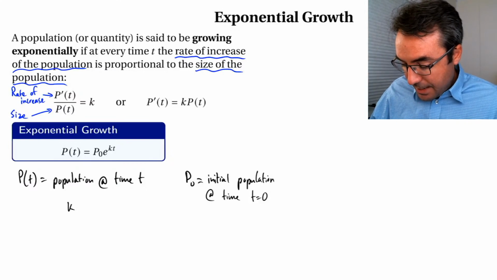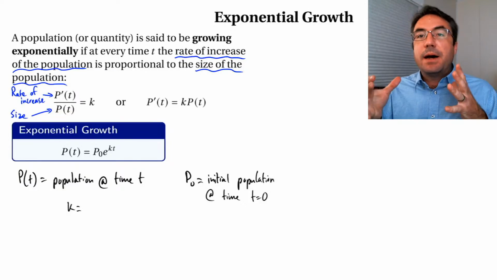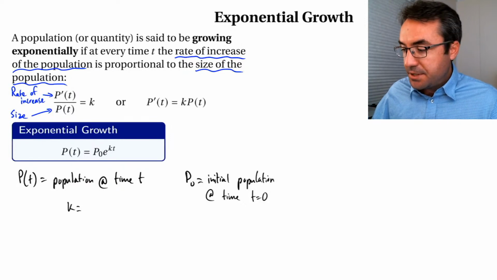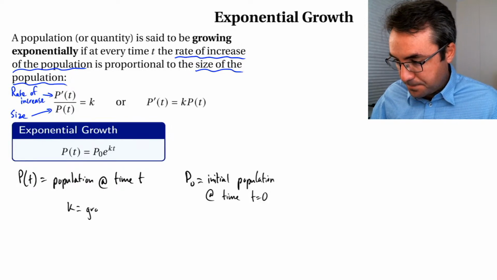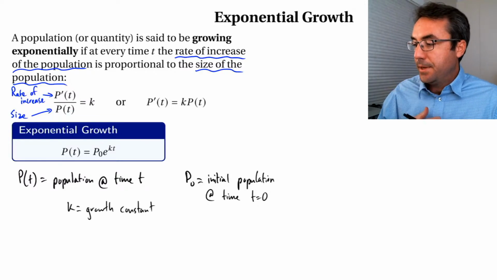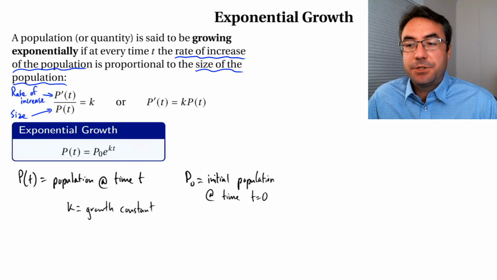And then we call k, that constant of proportionality, because we're talking about it in the context of some population or quantity that's growing, our growth constant. All right, so this is our exponential growth equation.